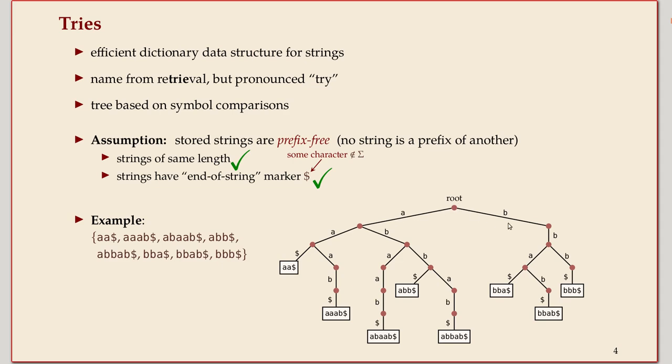So from the root, there's only A and B. That's the only first character that ever occurs in those words. Right? There's only A, B, B, B. And then you recursively build the two subtrees by taking all the keys that start with an A, or all the keys that start with a B, but then you exclude this first character.